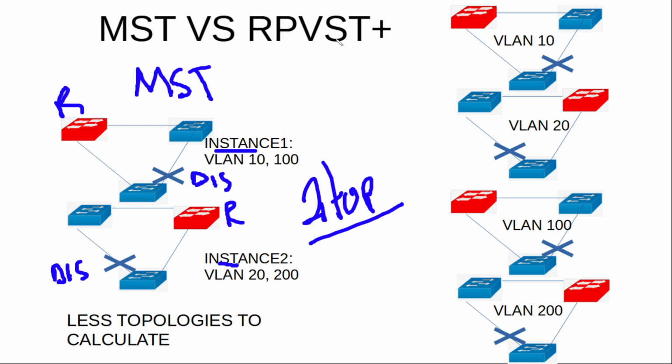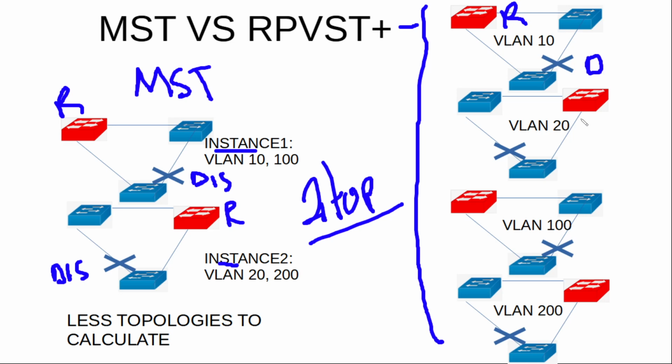Whereas with rapid per VLAN spanning tree protocol, we can define 1 topology per VLAN. So in this case, for VLAN 10, this is the root and this is in discarding mode. For VLAN 20, this is the root and this is in discarding mode. For VLAN 100, this is the root and this is discarding mode. And for VLAN 200, this is the root and then this is discarding mode.